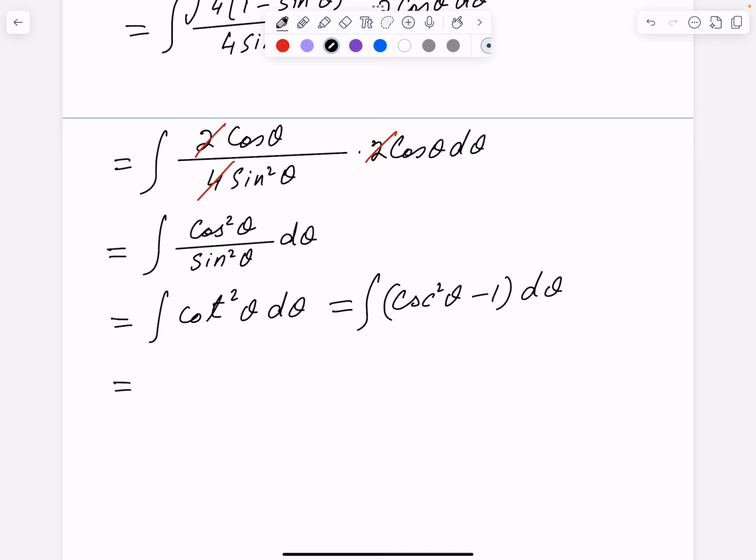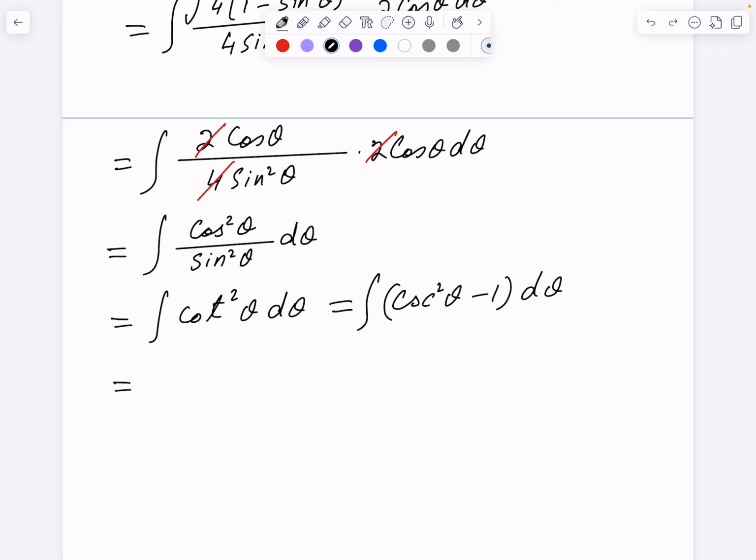And we know that the derivative of cotangent is minus cosecant squared.